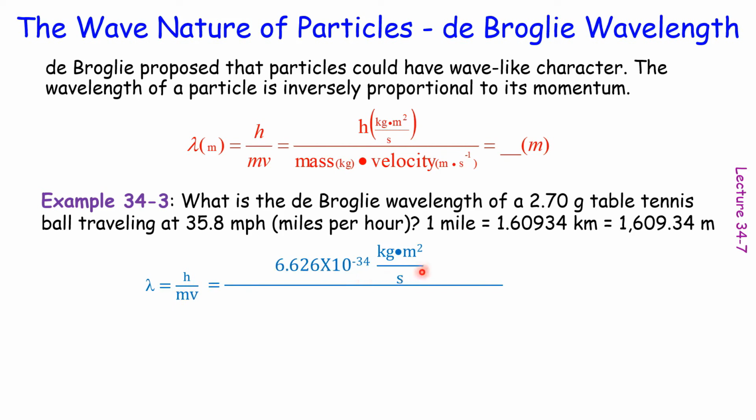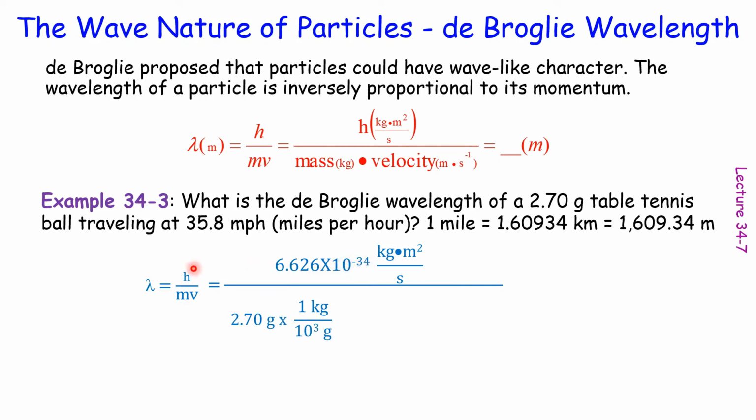You may notice that I'm using different units for Planck constant, but actually this is the same as joule seconds. So I change the unit joule to this unit in order to be able to cancel the units involved in this calculation.